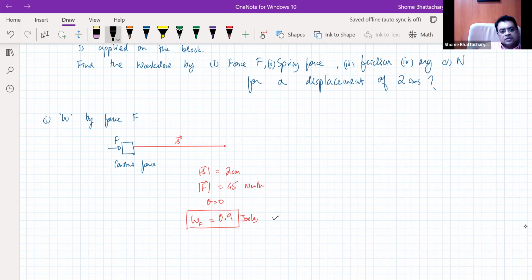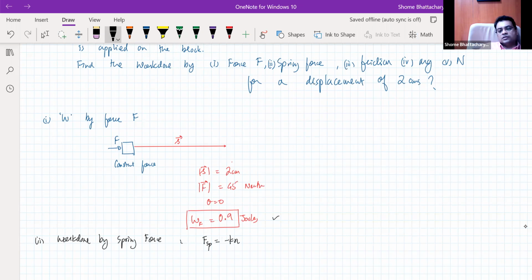This much work is being done. Now let's come to the work done by spring force. The spring force has a special property that the magnitude of the spring force is kx, but the direction is opposite to the displacement.